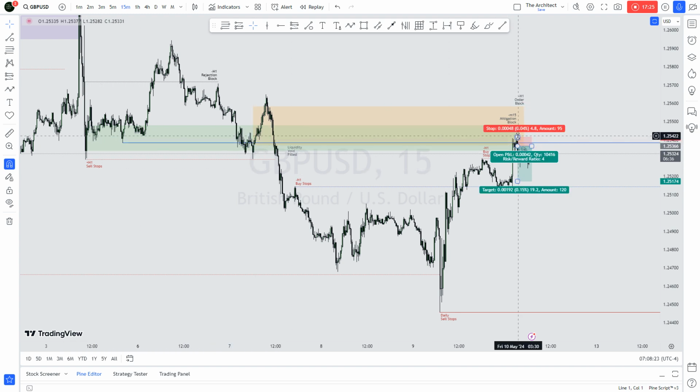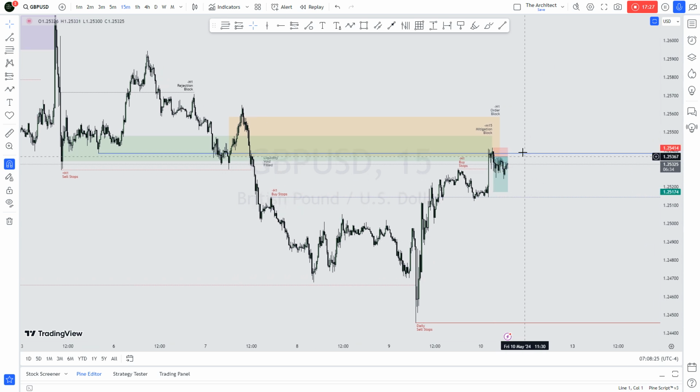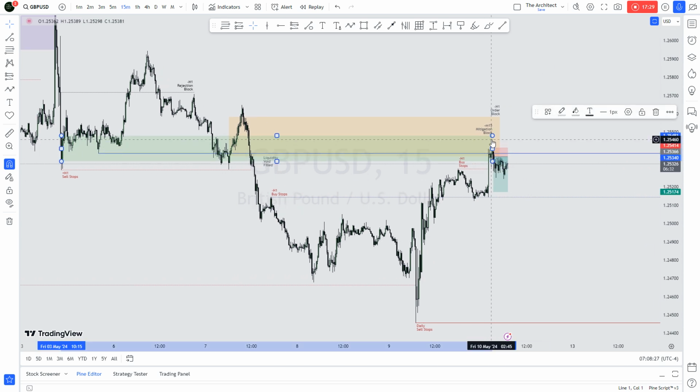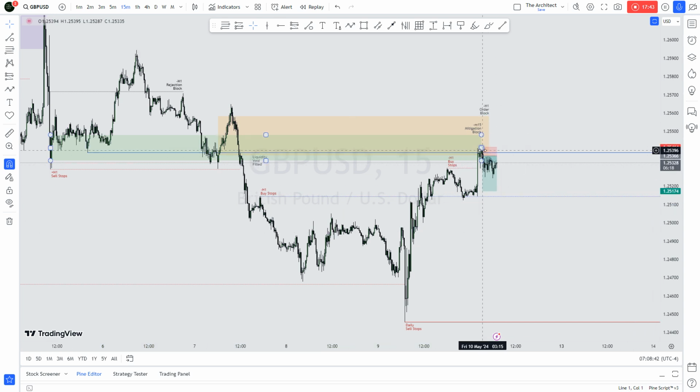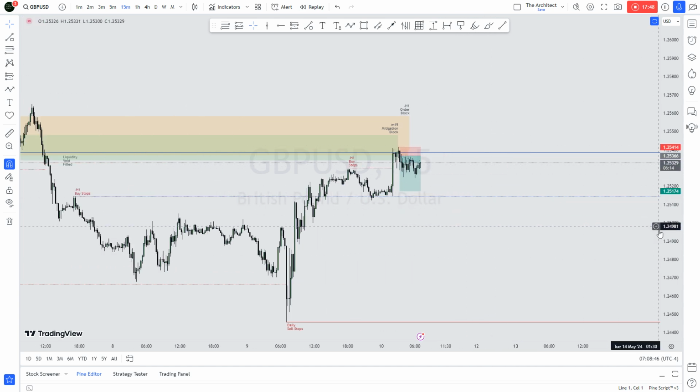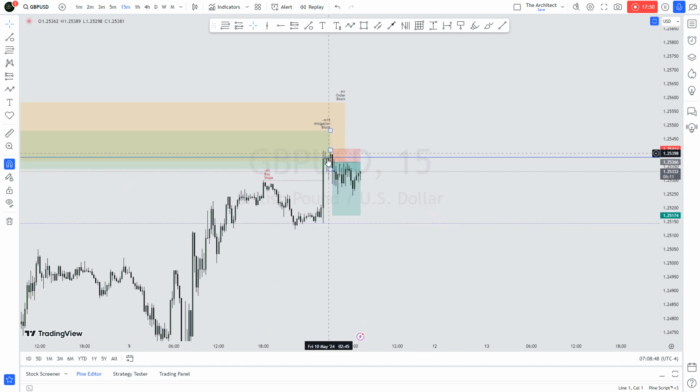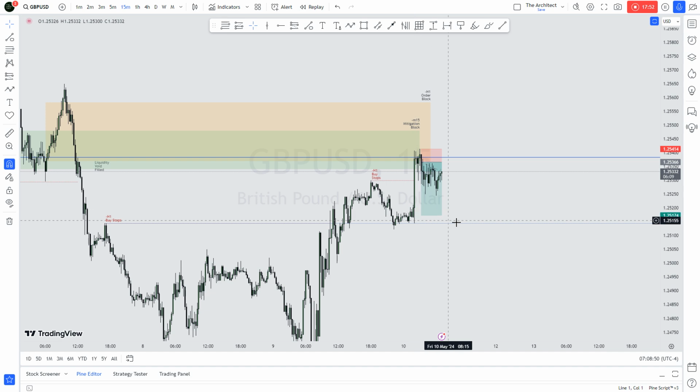And off of that point as well, you'll start to see them introduce new selling orders. So you've mitigated the buy orders, so it's buyer's remorse, and then you introduce new selling orders. So that's the second reason why I am now seeing a draw towards the downside, and hence why specifically I am in a sell order.